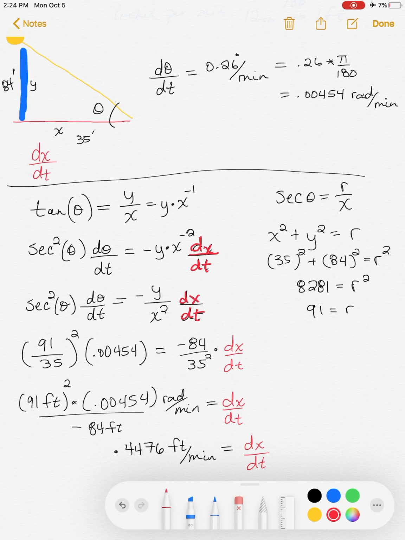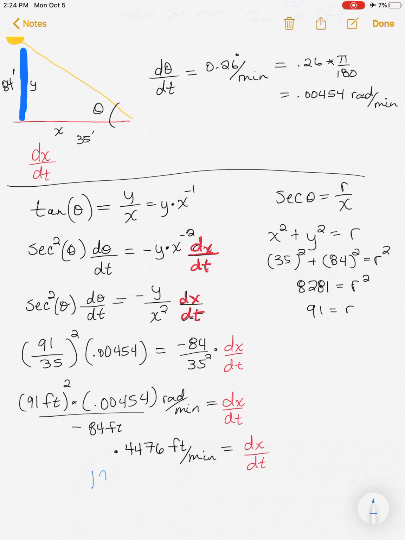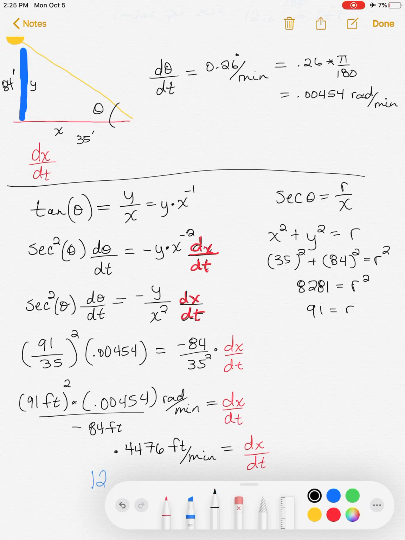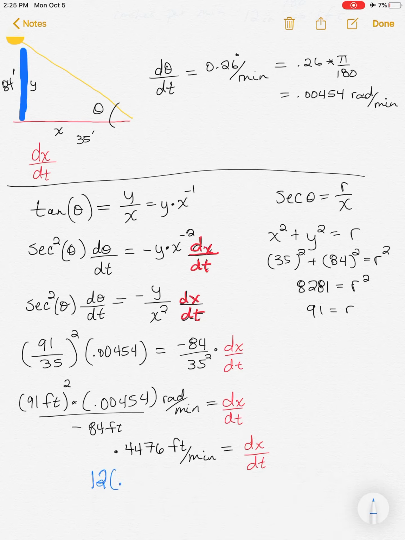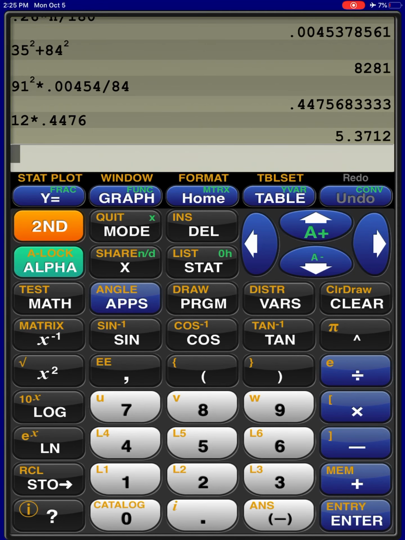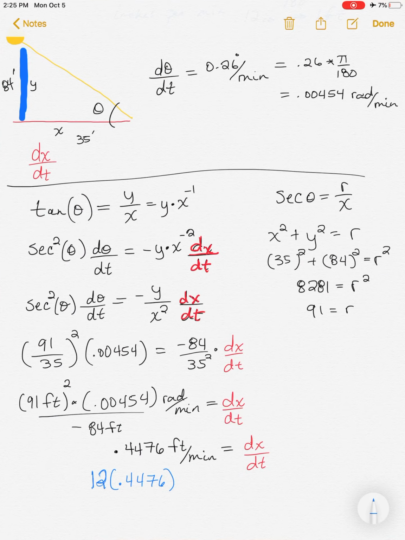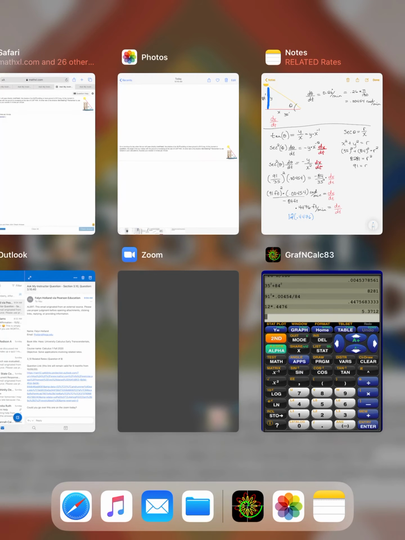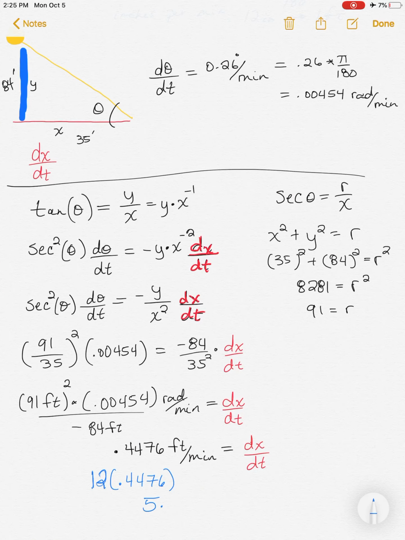In order to do so, we will multiply this by 12. 12 times 0.4476 gives us 5.3712 inches per minute.